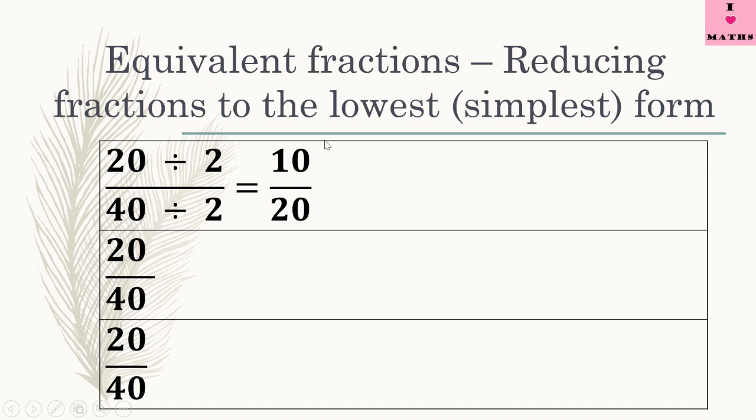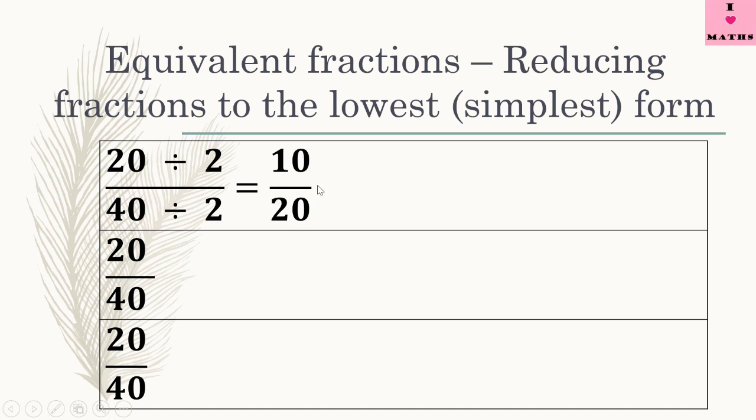Now, we have to decide whether this fraction is in the lowest form or not. For deciding that, we have to find out if there is any number in whose table 10 and 20 both will come. Yes, there are numbers in whose table 10 and 20 both are there as answers.